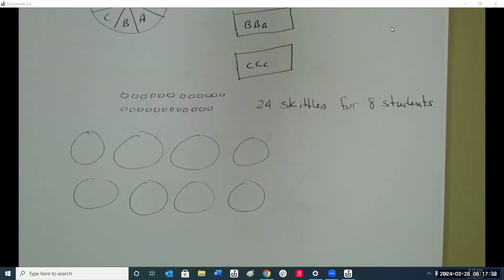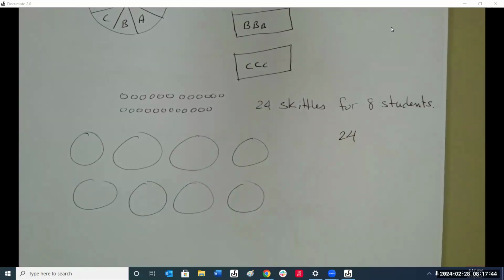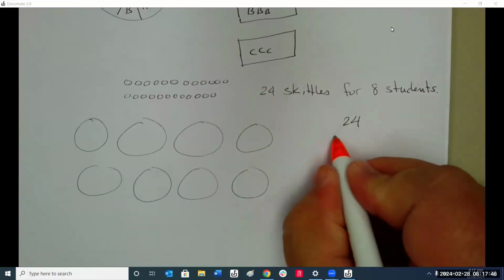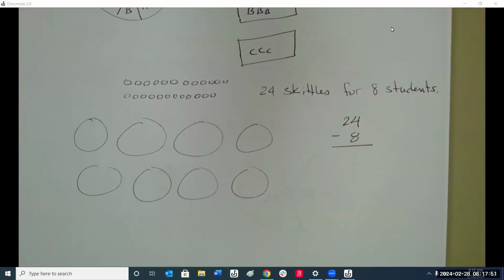How can we use the subtraction method? Well, we have 24 Skittles. If we give away 1 to each student, we give away 8. How many do we have left? 16.